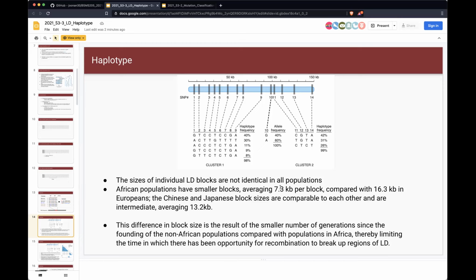The reason they have different block sizes is that the African population has a much larger population size than non-African populations because of the migration history. So they have a much larger genetic pool, and also a greater chance of shuffling their genetic information in genetic recombination.